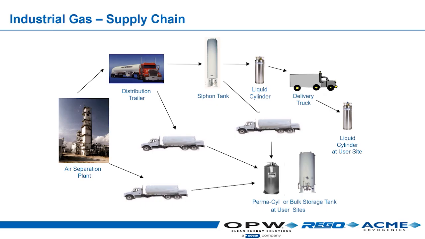A lot of the independents will have fill plants or a bulk tank, and they fill 5 to 20 or however many liquid cylinders at a time. I've even seen some guys use bulk tanks, vaporize it, and then fill high pressure cylinders as well. It's not efficient. That's not a good scenario. But I just wanted to give you a quick visual of where it's made and how it gets to the end user.